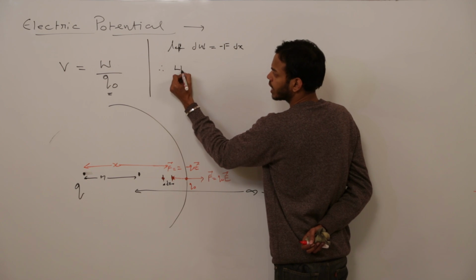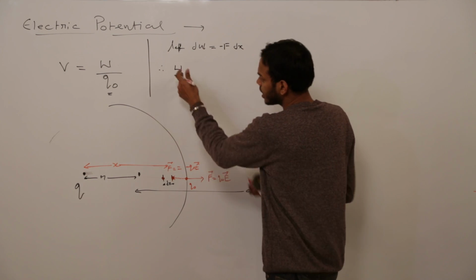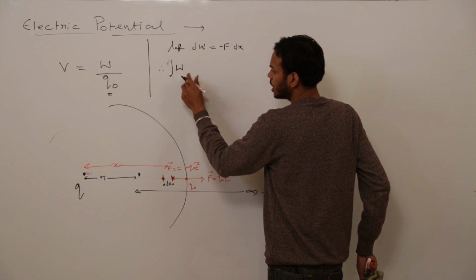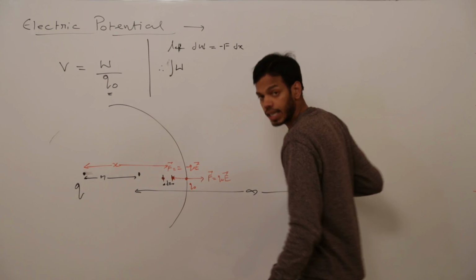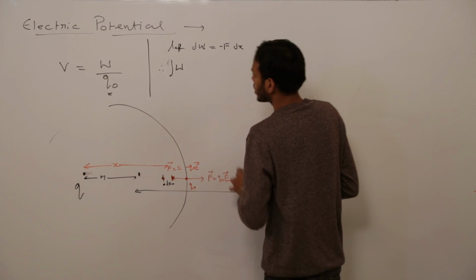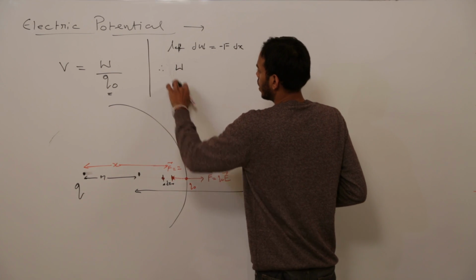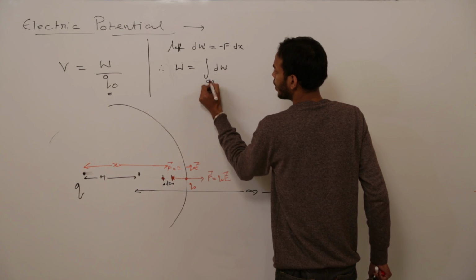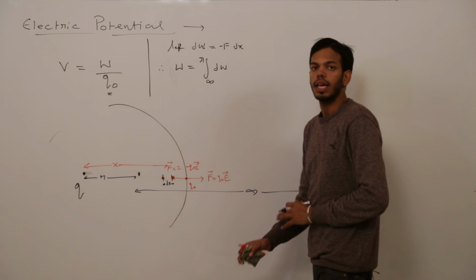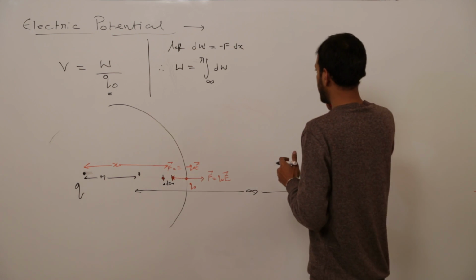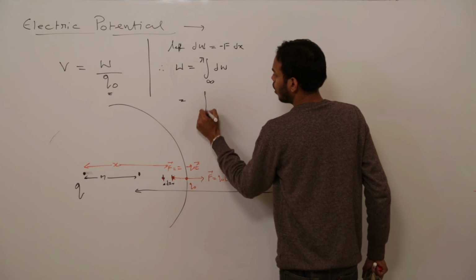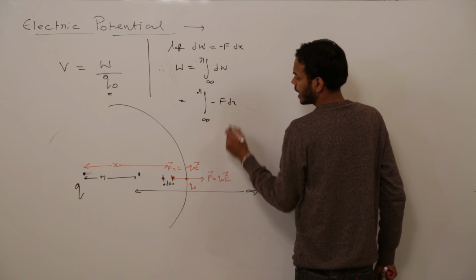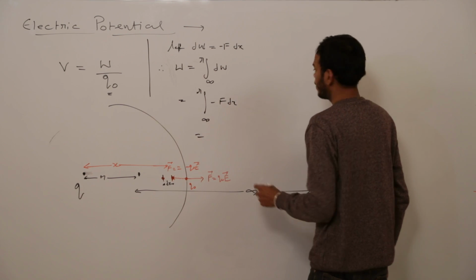Therefore, total work done, this is W. Total work done in bringing the charge from infinite distance to distance R would be integration dW from infinity to R. Now our system is clear. We will just write the value from infinity to R. What is dW? Minus F dx.